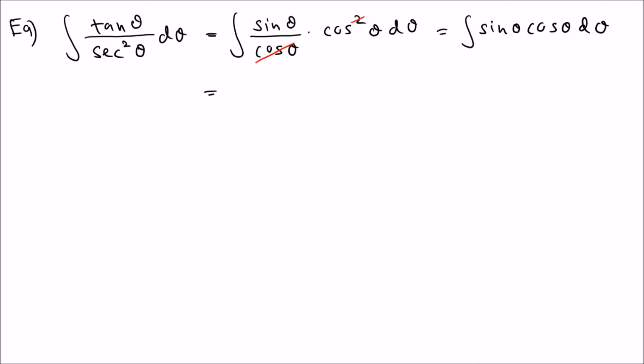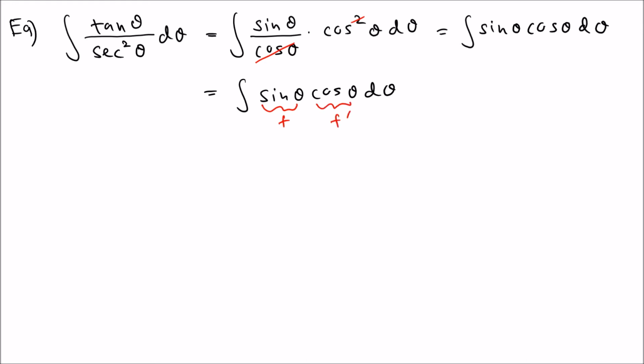The first one: I'm going to write sine theta cosine theta d theta. The first technique is, you can see cosine as the derivative of the sine function. So this is the function, and that's the derivative. That means we can just use the general power rule.